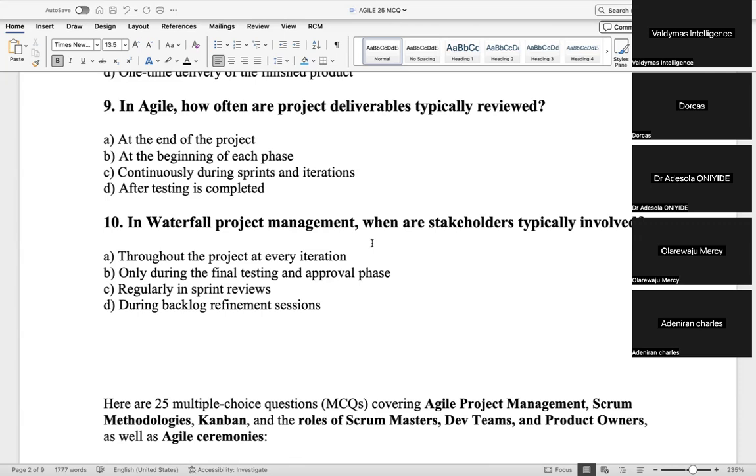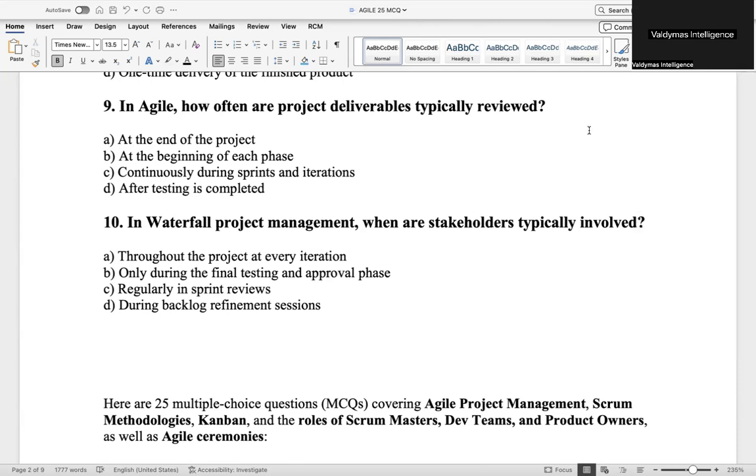So when they say typically reviewed, the meaning is we review at the point of completion of every testing in test-driven development. That's why it's called test-driven development in the first place. But in this, it's just C.